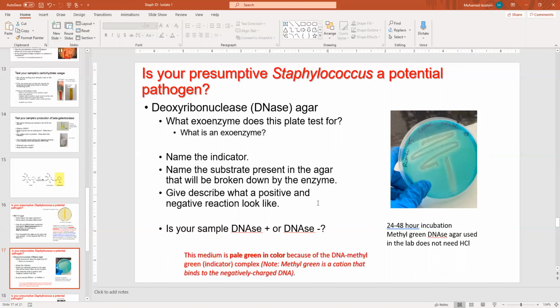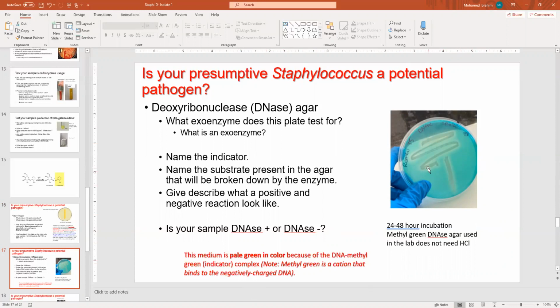You need to know that here the media is normal nutrient media, okay, but it has DNA. This is what you are trying to test for, and the DNA here is basically coated or attached to the dye, which you call methyl green, and this is why the color is green.